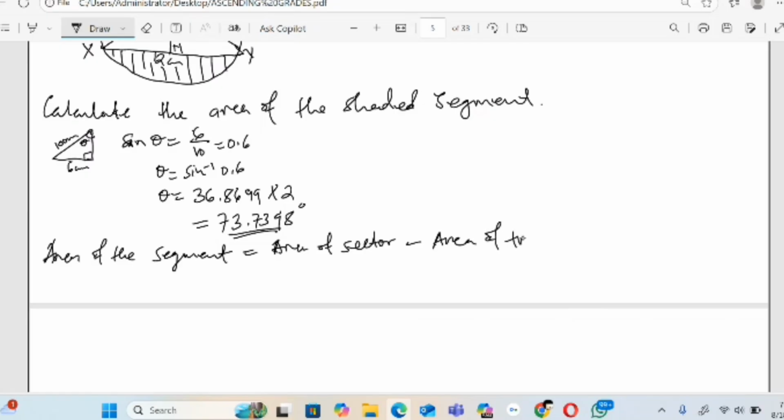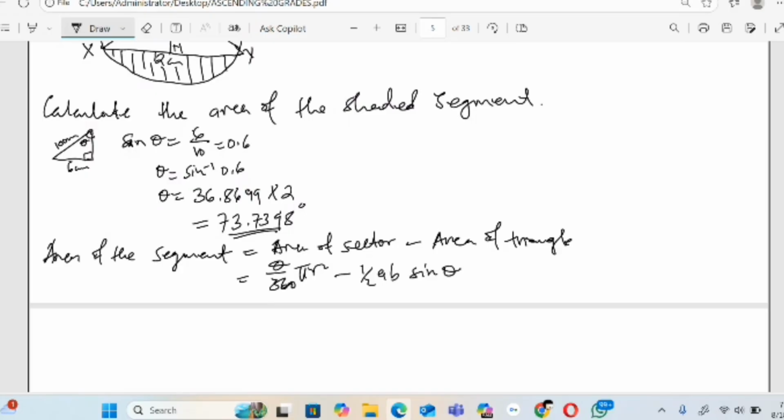Area of the sector, the formula remains theta over 360 pi r squared minus area of the triangle, which is a half. Now that we don't have the height and we have the angle, we can use a half ab sine theta. So that one becomes a half AB sin theta.